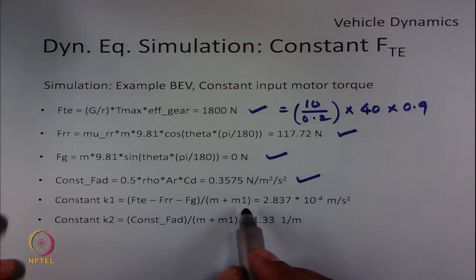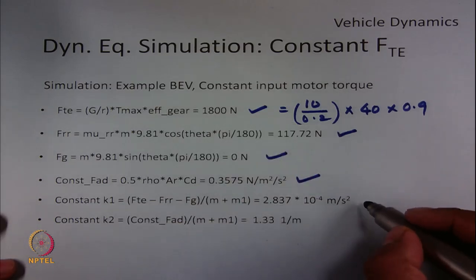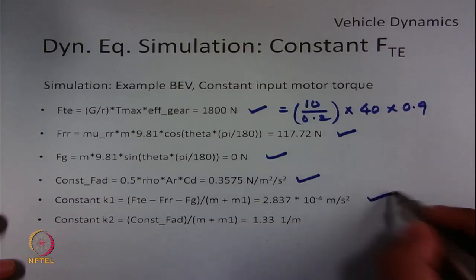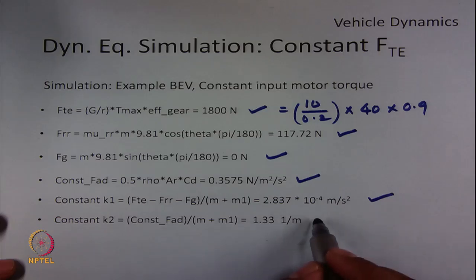If you substitute all these values here, we will get a constant K1 of 2.83 into 10 raised to minus 4 meter per second square. Similarly, the constant K2 can be evaluated as the constant we have calculated here divided by m1 plus m, which is 1.33, the unit is 1 by meters.